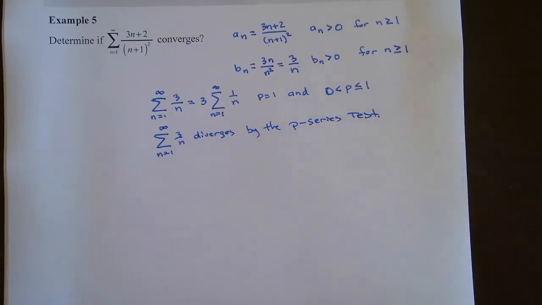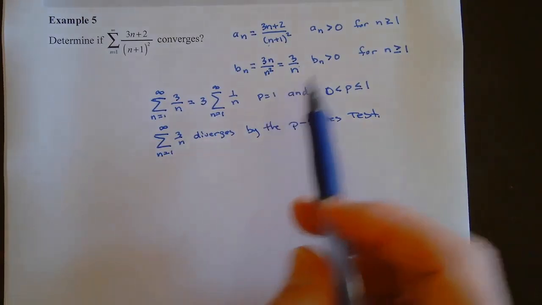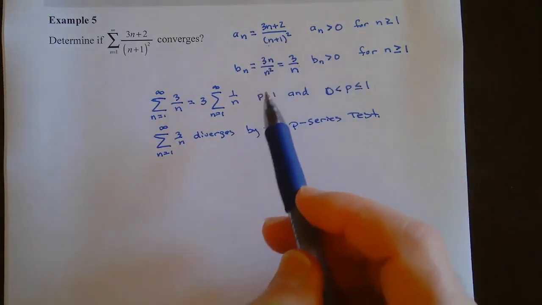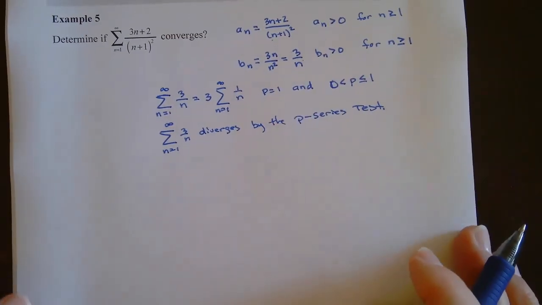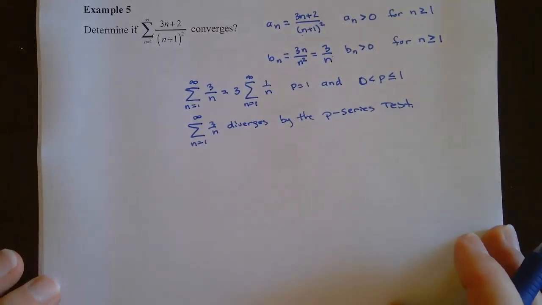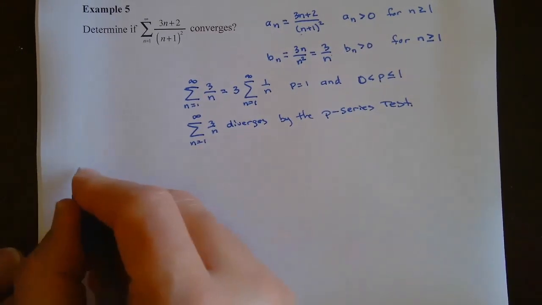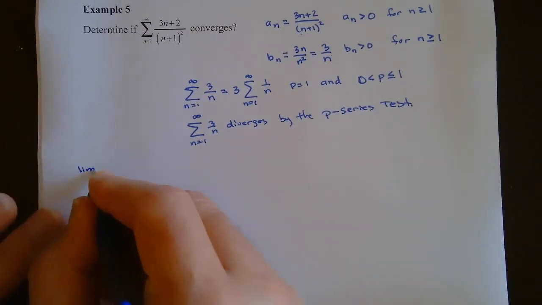Okay, so now we have to look at the ratio of a sub n over b sub n as n goes to infinity and see what we get for that. All right, so I'm going to slide this over a little bit. We're going to take the limit as n goes to infinity.